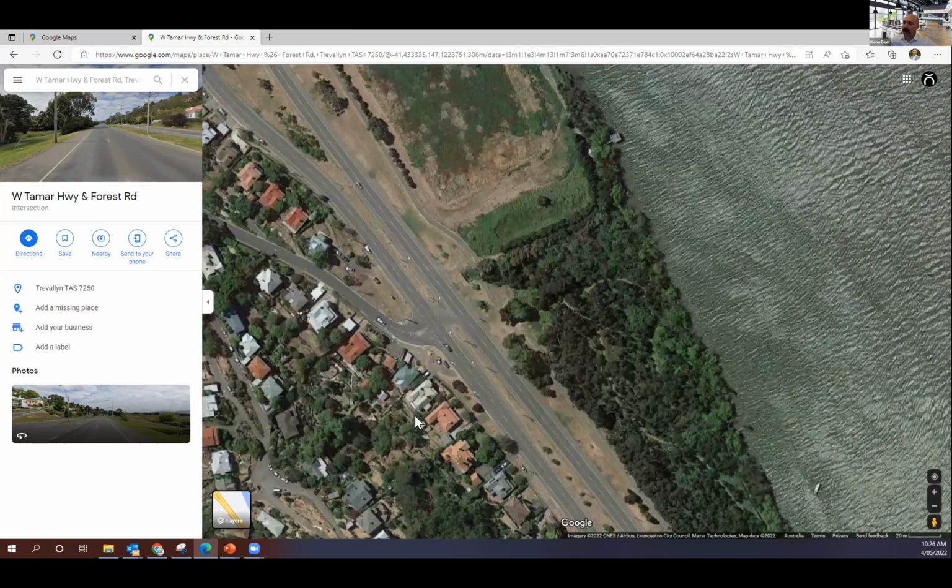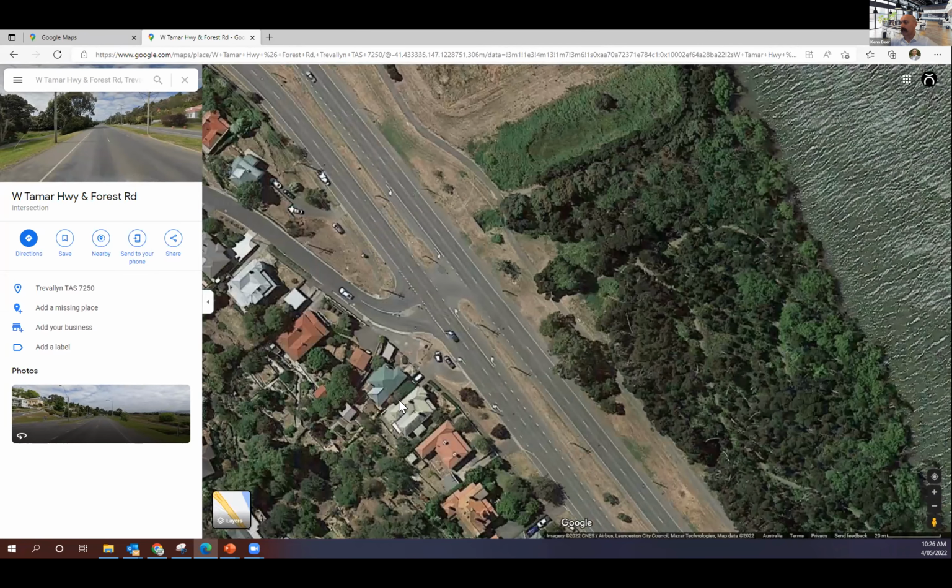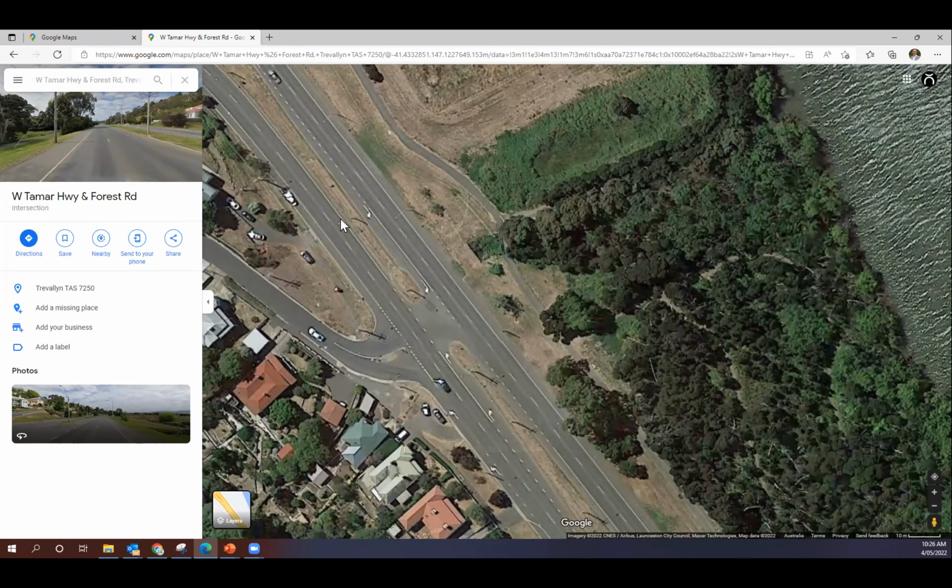We've got 28,000 vehicles travelling on this highway a day, which is fairly significant, at least around our way, and then about 2,000 potentially off that side road. So there's certainly a major difference in the numbers.